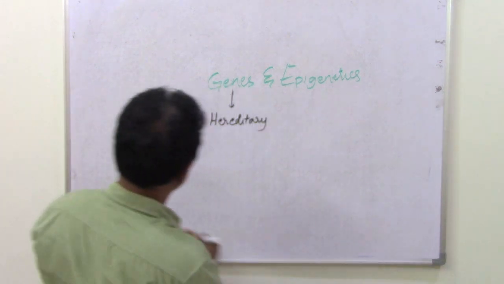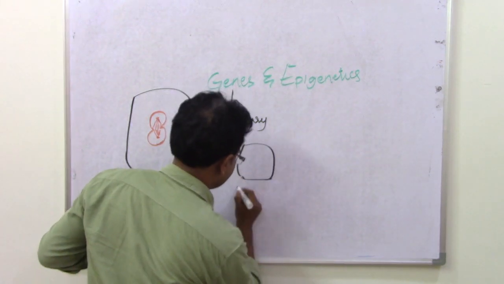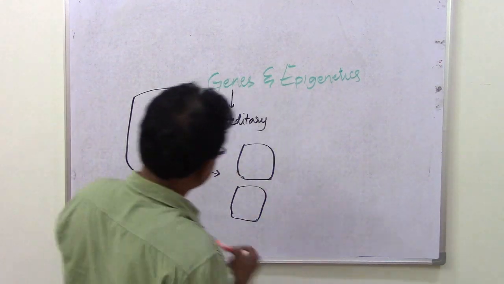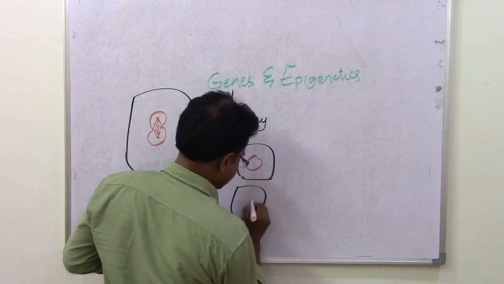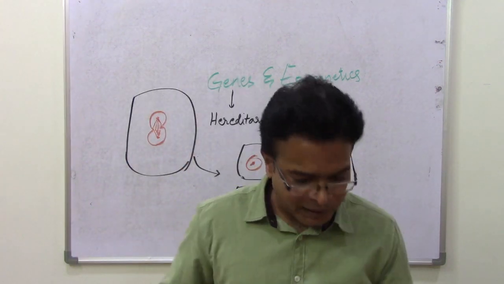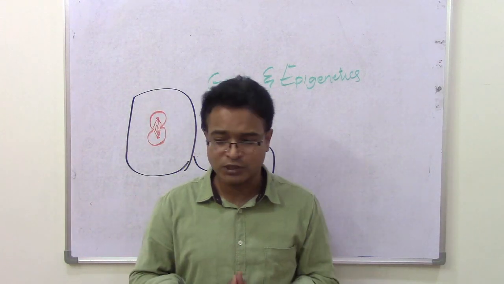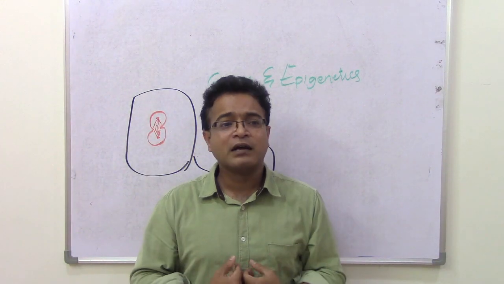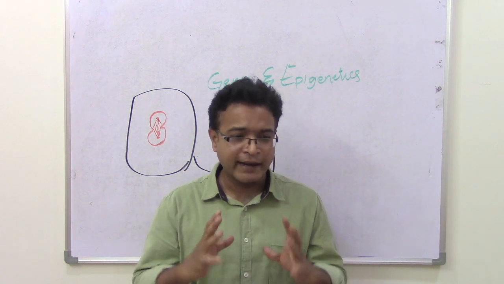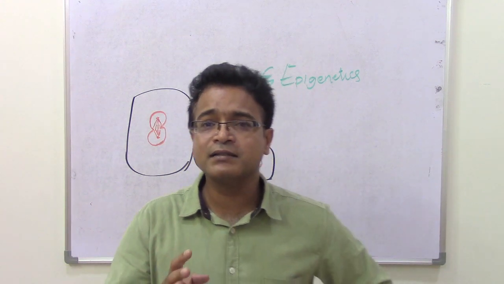Let's say this divided into two baby cells, and we have two large nuclei inside. They looked into the nucleus and identified these chromosomes. When they separated the chromosomes, they identified DNA. So this DNA formed the basis of heredity.